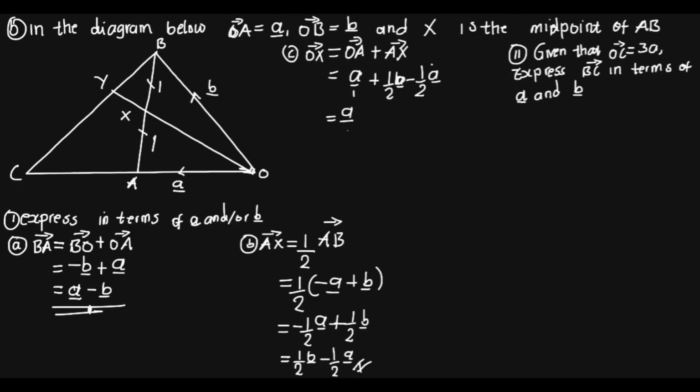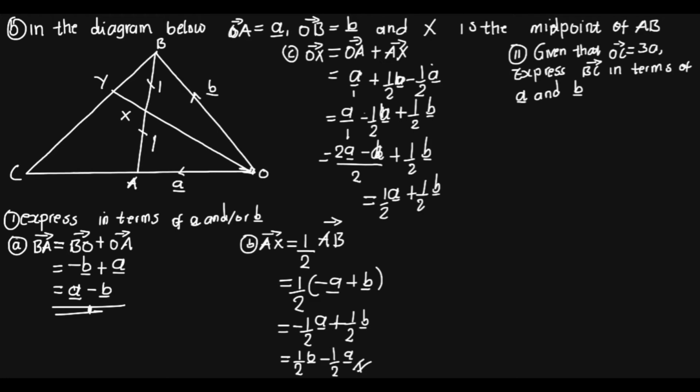So it's A over 1 minus 1 over 2 of vector A plus 1 over 2 of vector B. The lowest common denominator for 1 and 2 is 2. So 2A minus A is just A, over 2, plus half of vector B. Our final answer is half A plus half vector B.